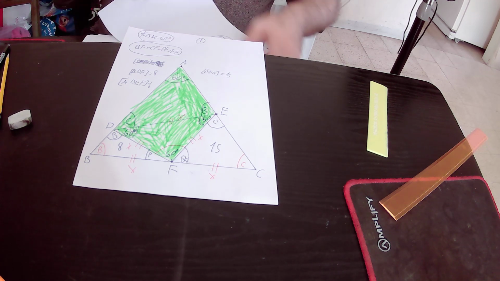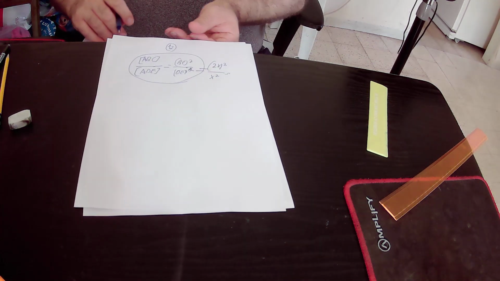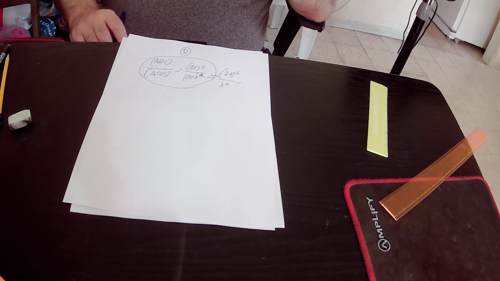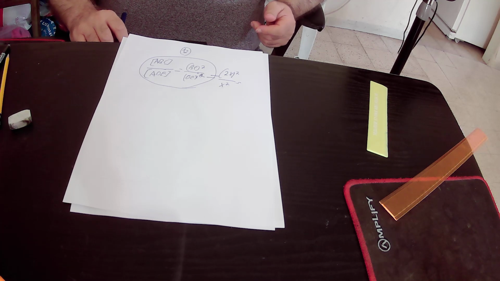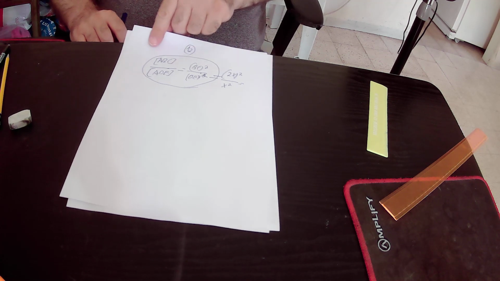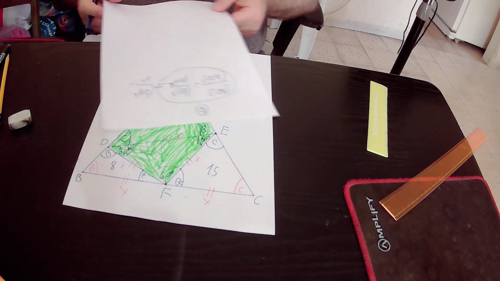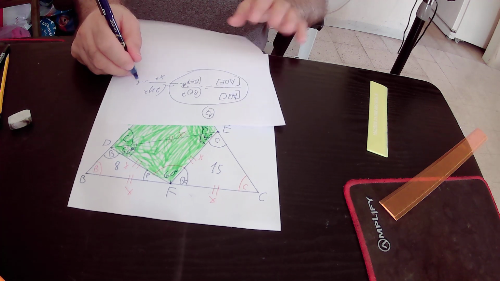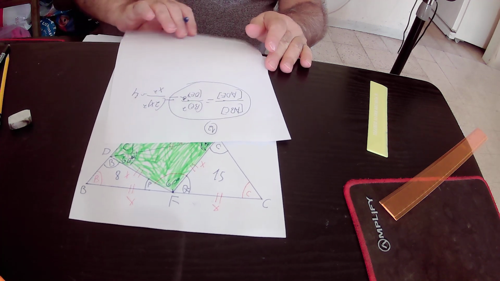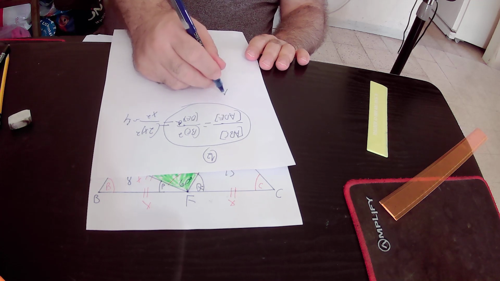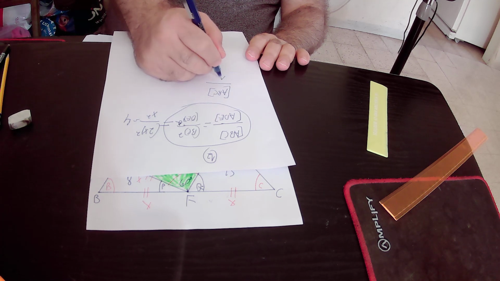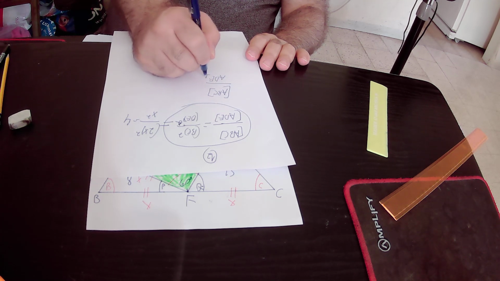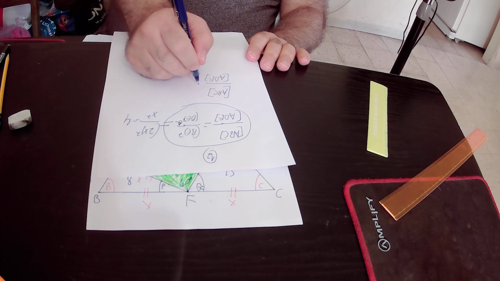So we got 2x square over x square. 2x square equals 4x square, and 4x square over x square is 4. So we found out that the area of triangle ABC over the area of triangle ADE equals 4.